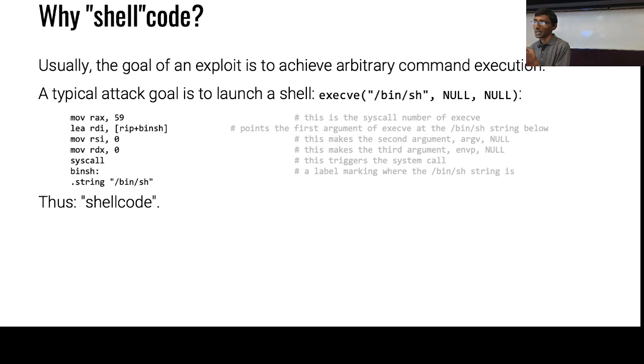So in an example here, you make a system call to spawn the shell, exactly execve, which has the code 59. That's the syscall table that we saw in our assembly language crash course and reverse engineering. So 59 in RAX, and then the parameters in RDI and RSI will spawn the shell.